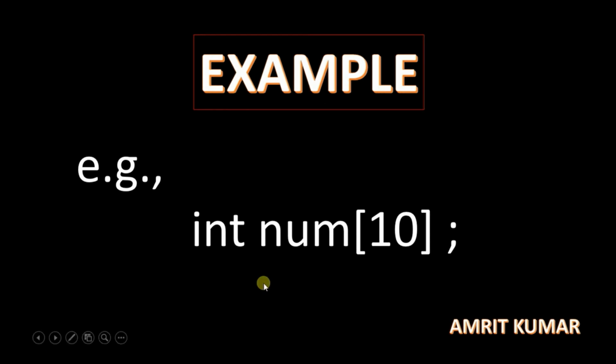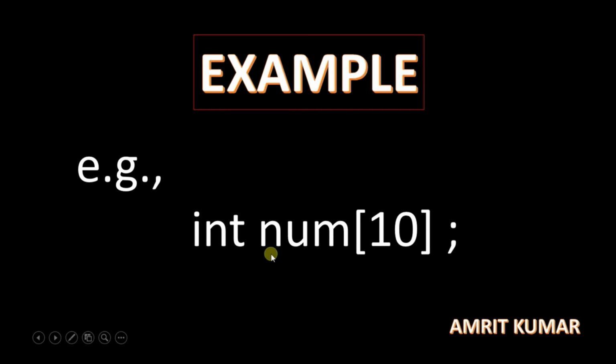Now look at the example of how we can initialize the single dimensional array in C language. I am using a variable name num, and it is storing 10 blocks, starting from 0 to 9. Therefore its size is 10 here.